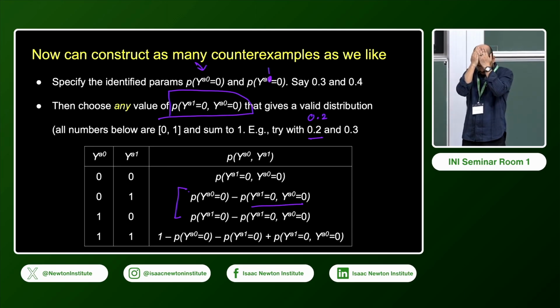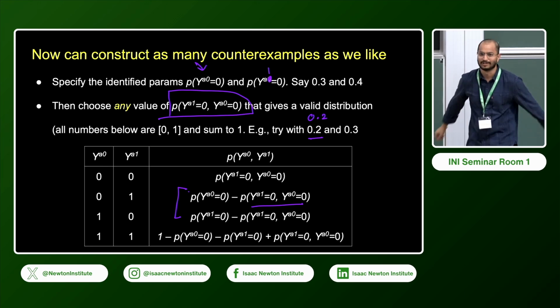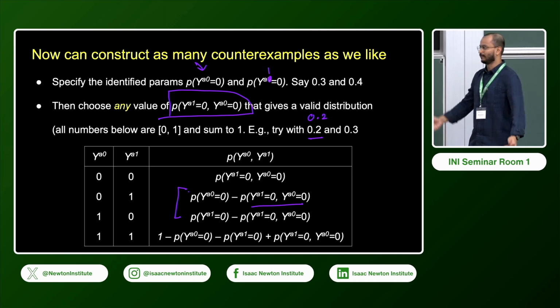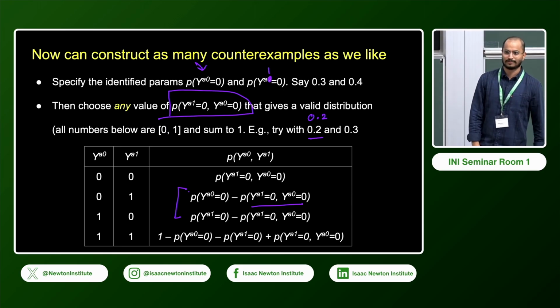What is that assumption called? Faithfulness? No, not faithfulness. What is it, if you know one potential outcome, you can tell what the value of the other is? Rank preservation. Rank preservation, yes, thank you. So if you have something like rank preservation, you can get extra identification.